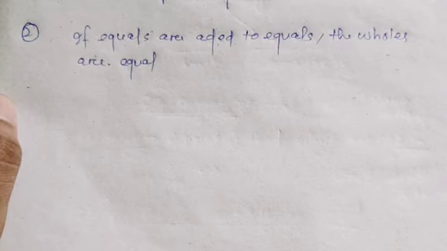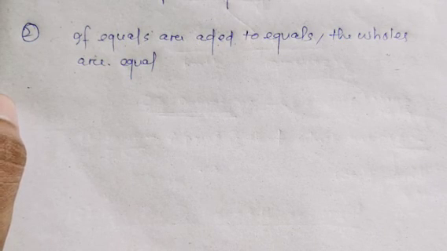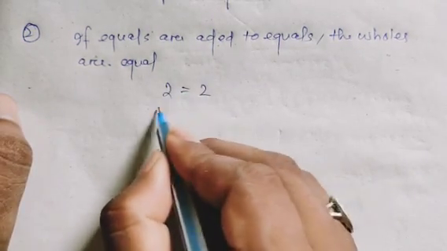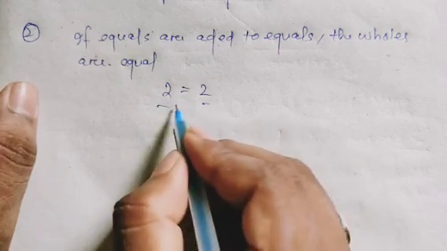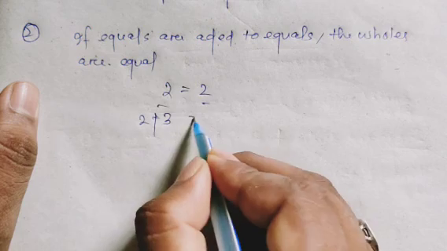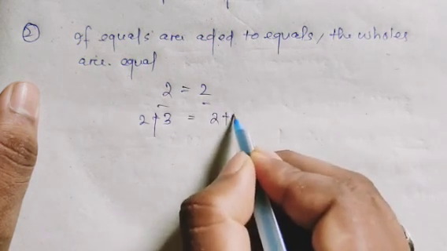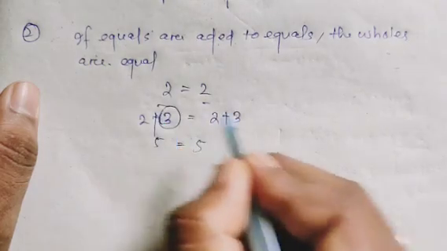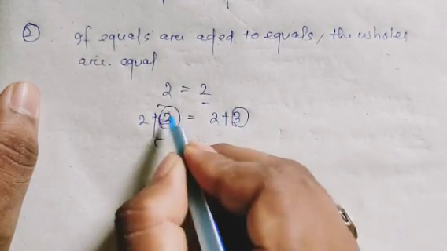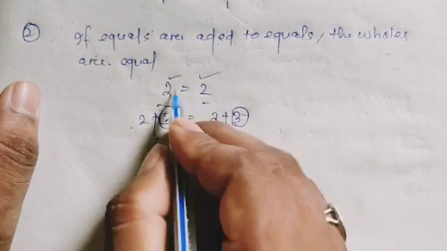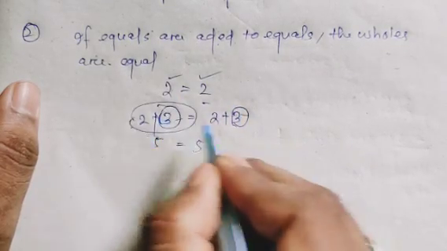Okay. So the second axiom says that if equals are added to equals, then the wholes are equal. We know that 2 is equal to 2. If I add equal, means 2 plus 3, and here also I add 2 plus 3, the answer will be 5. If equal things are added to equal things, then the sum will be equal.